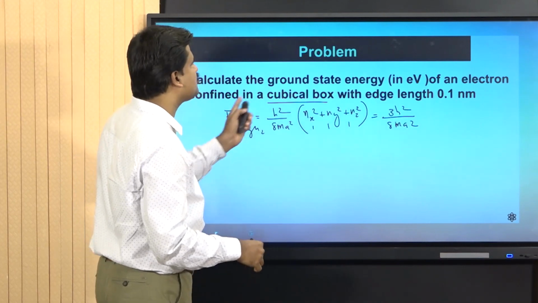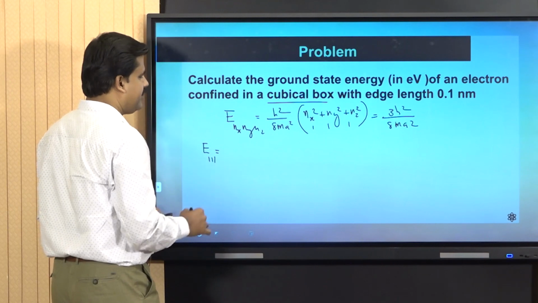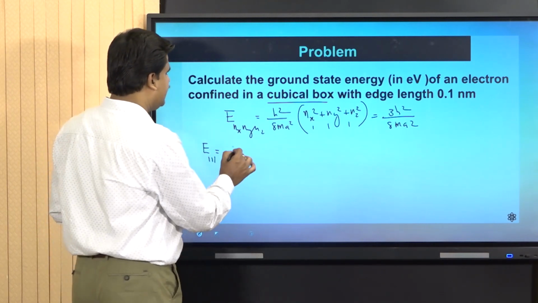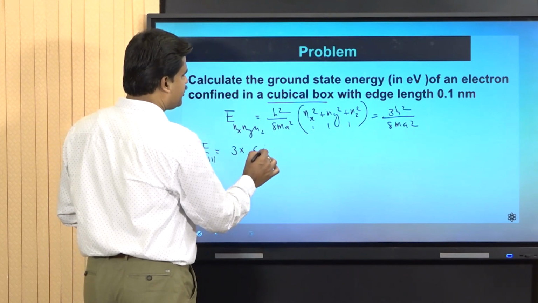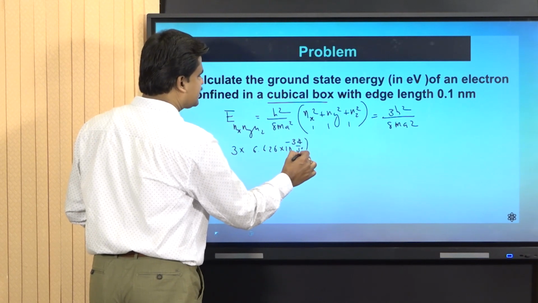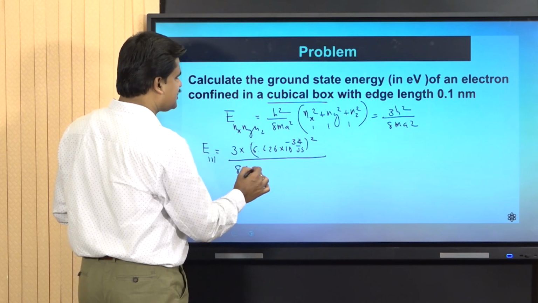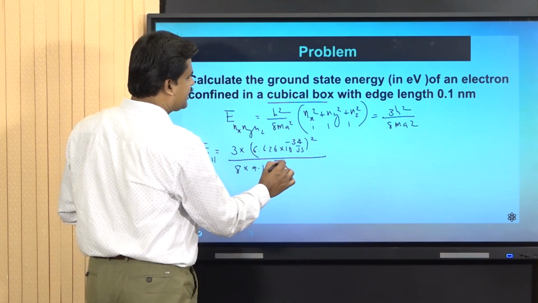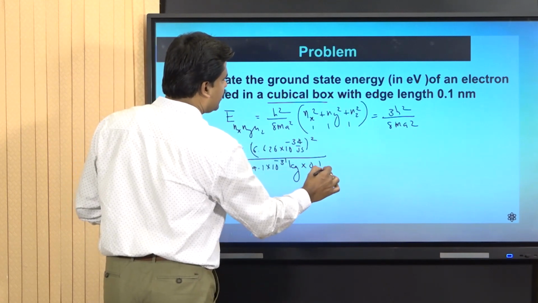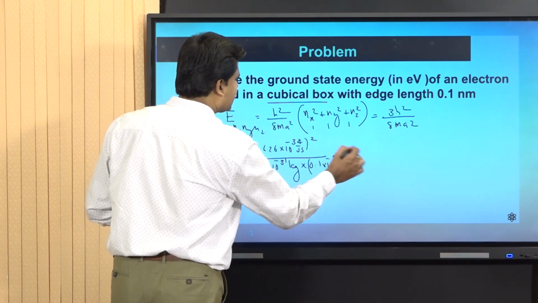Substituting different values to get the energy. Energy E111, that is the ground state, with nx 1, ny 1 and nz also 1, is equal to 3 into h value 6.626 into 10 raised to minus 34 joule second, the whole square, divided by 8 into mass of electron 9.1 into 10 raised to minus 31 kilogram into edge length 0.1 into 10 raised to minus 9 meter, that is a square is needed.